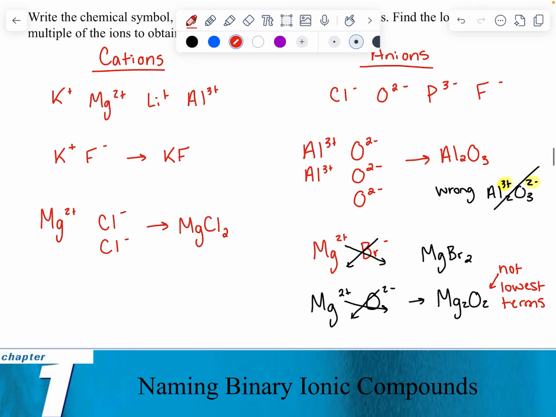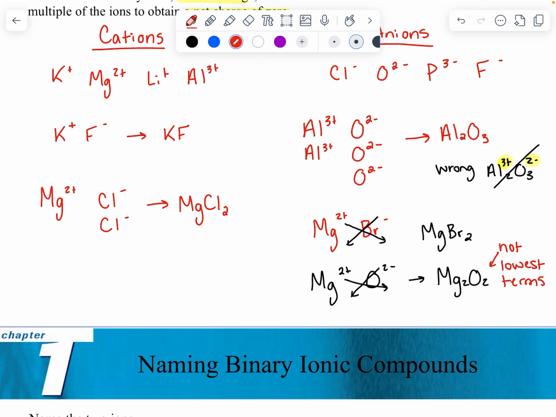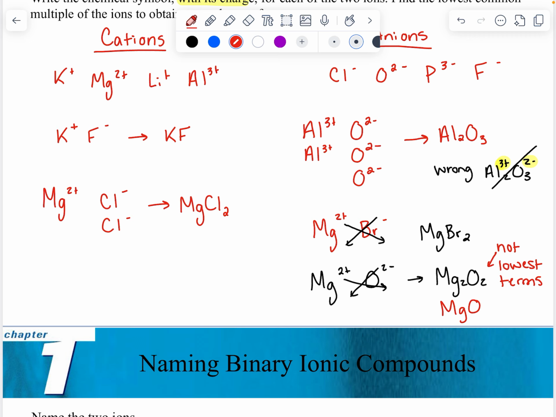And so that would actually be wrong, because really I only needed 1 magnesium and 1 oxygen for it to be balanced. So if you're going to use that cross method, just be careful, but it does work for a lot of them. Okay, so always just make sure that you have the lowest terms as your final answer.